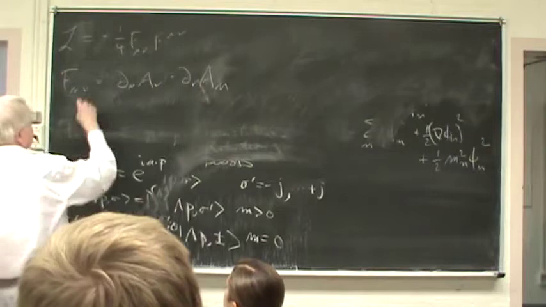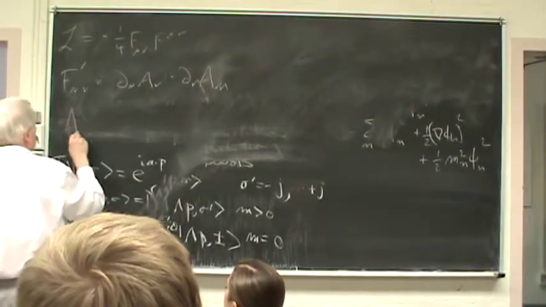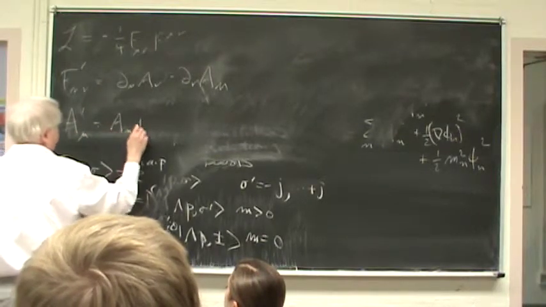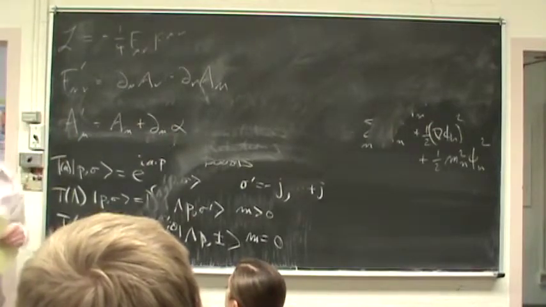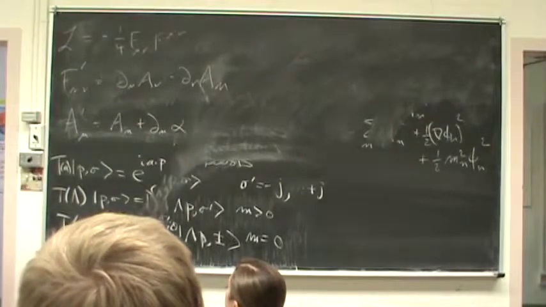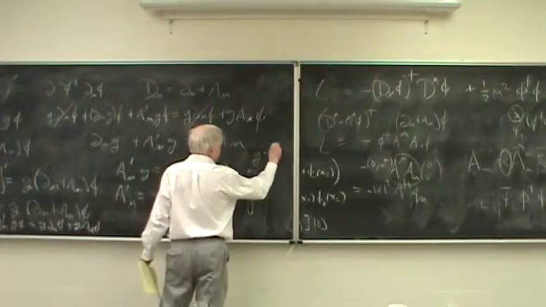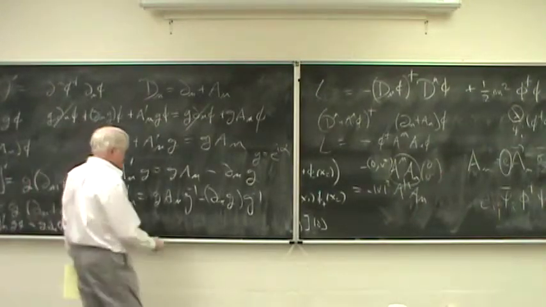And so under a gauge transformation, which is a simple gauge transformation, namely A prime mu is just A mu plus d mu alpha, say. So in other words, the idea here, if we go over here to this case, let us suppose that G is equal to e to the i alpha, where alpha is a scalar field depending on space-time.